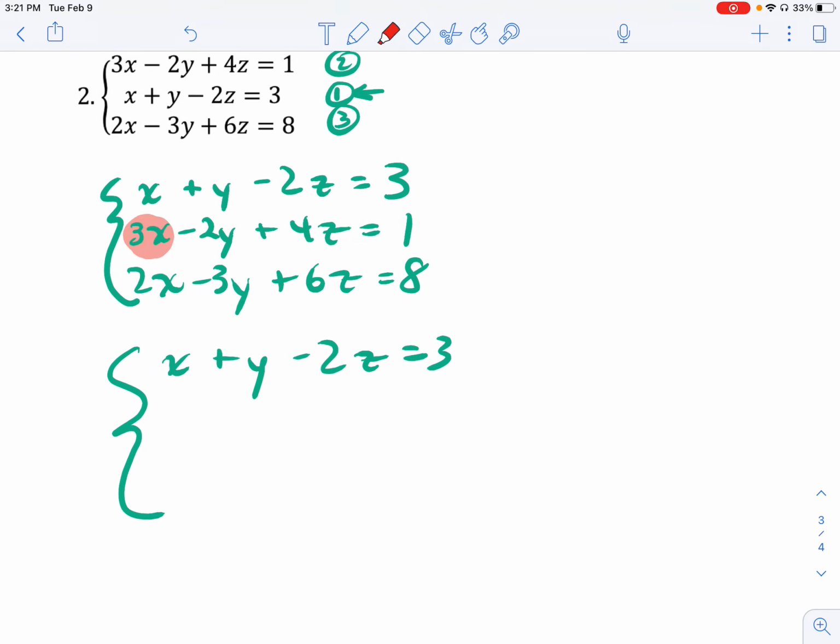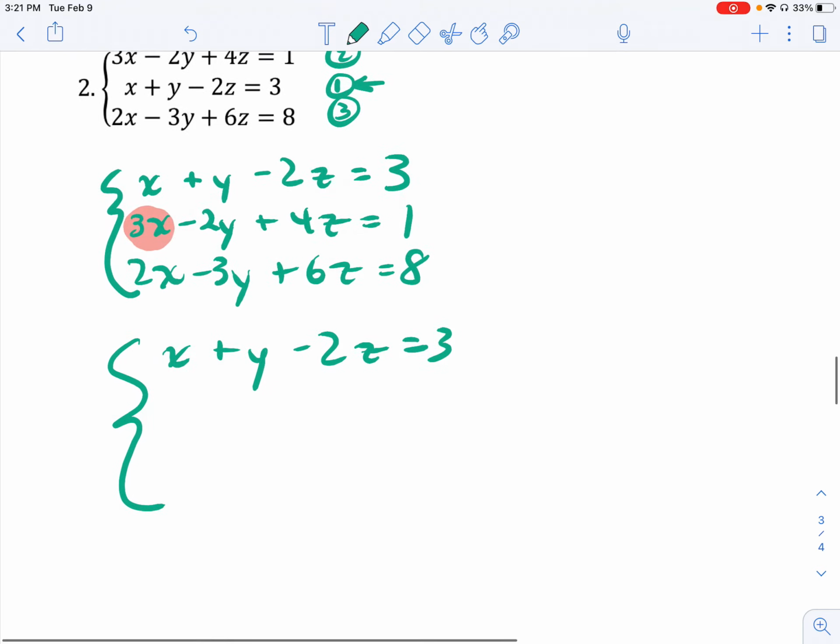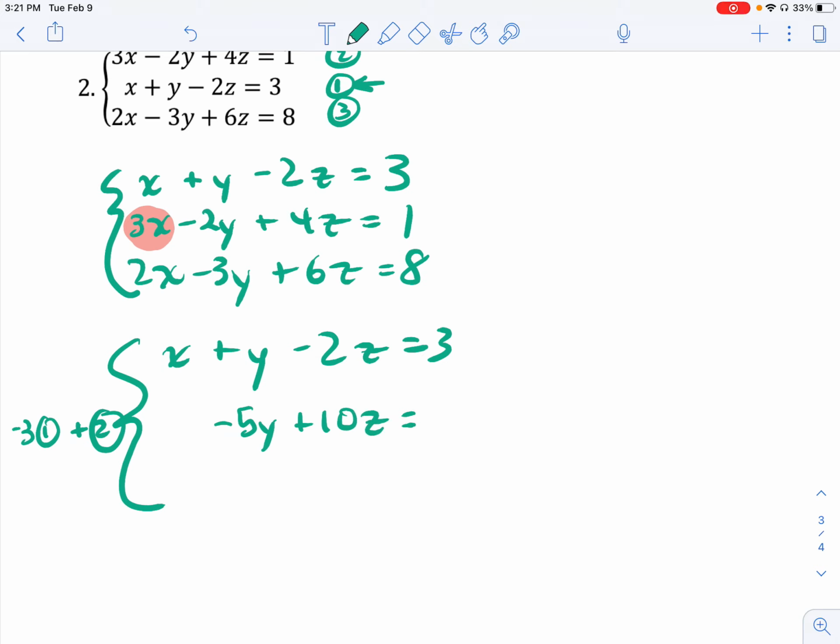So my first step is to eliminate that 3x. So how do I get rid of that 3x? I'm going to go -3 times row 1 plus row 2. So that's going to get rid of that first value. That's then going to give me -5y. And I'm going to do this in my head, and we'll see if this works. That's going to give me plus 10z is equal to -8.